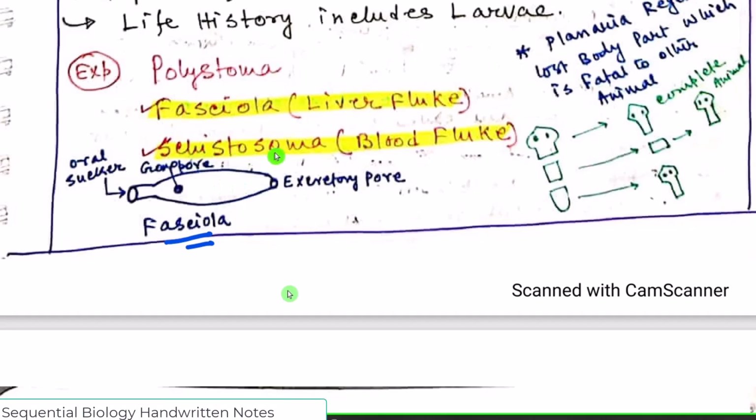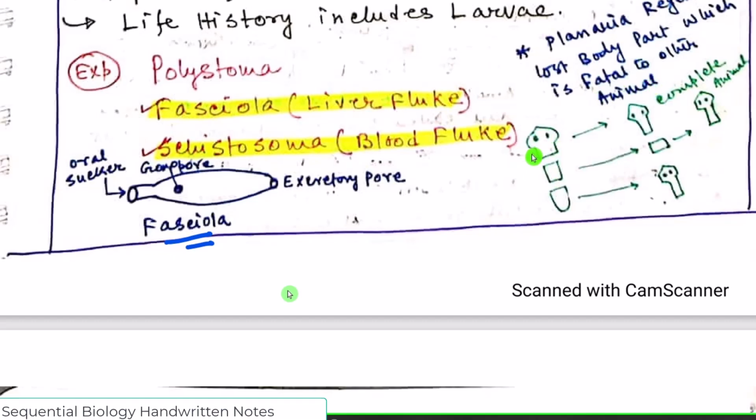And we have discussed the life cycle pattern of the Schistosoma. They are parasitic and they have two hosts. The asexual reproduction occurs in the snail host, and sexual reproduction occurs in the human body, and for this reason they are known as digenic parasite.